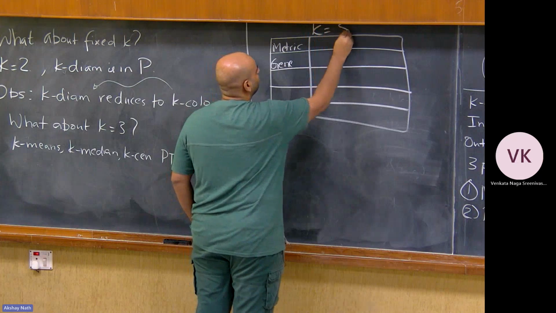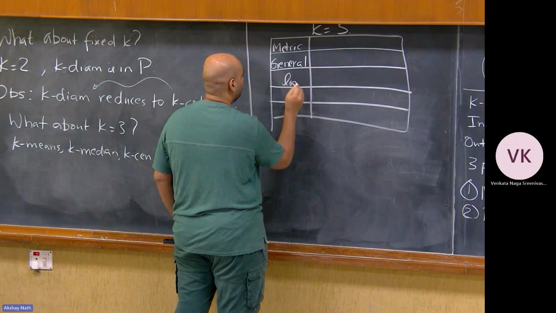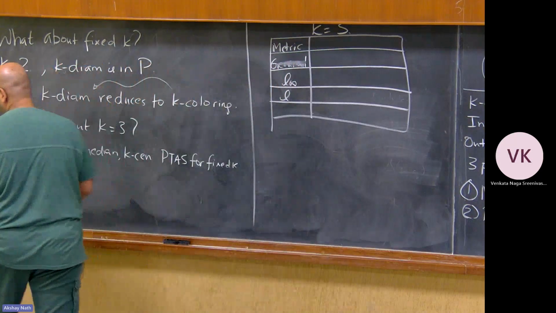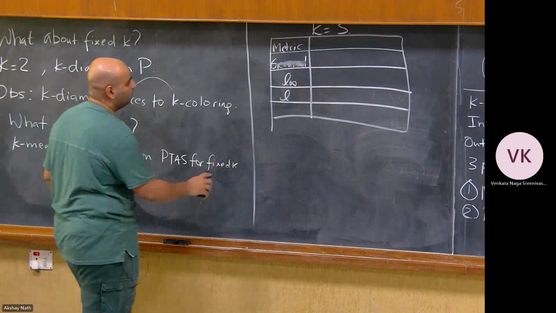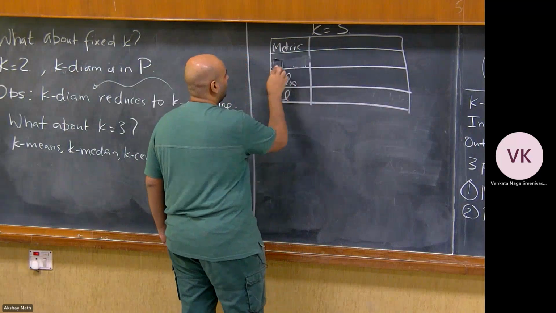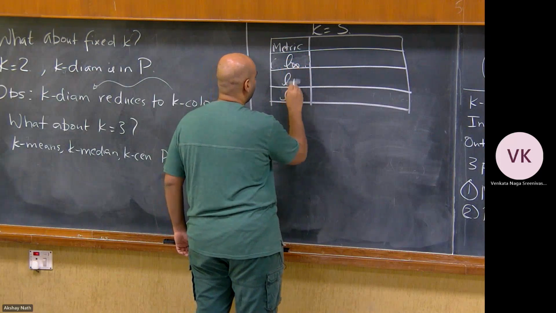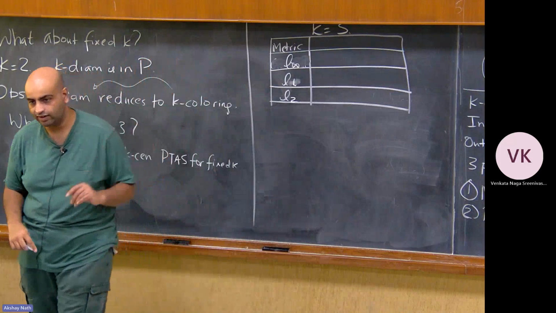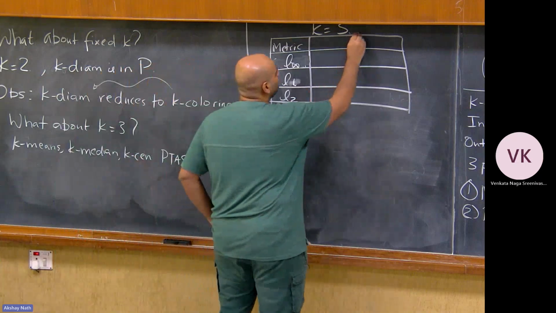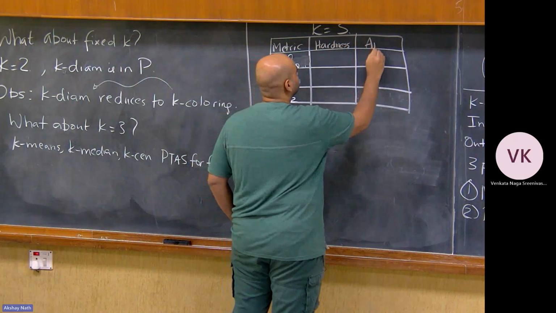All of this is for k equals 3. Whatever results I write for L1 also hold for Hamming, L0. And let me write the hardness here.